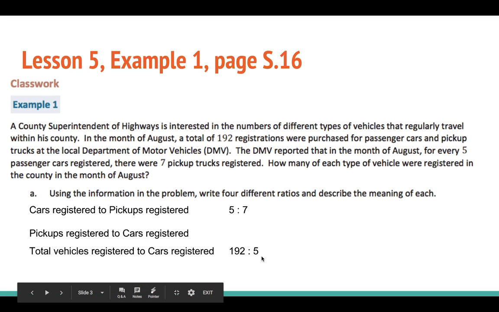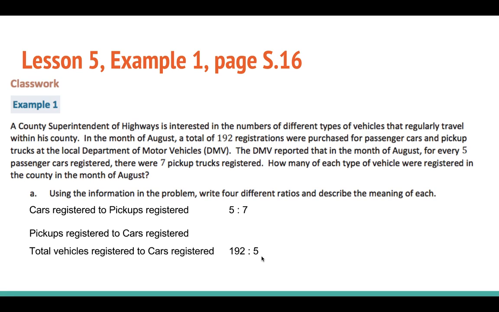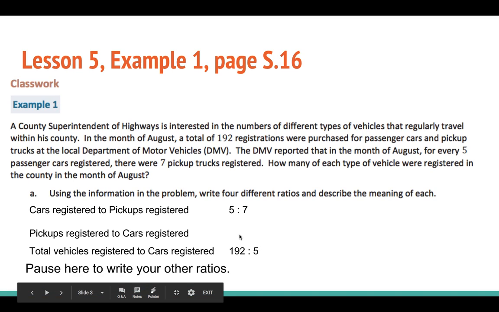So that's whole to part. What is another whole to part ratio that you see in this problem? Pause here to write your other ratios. Remember, you are completing this information, pickups registered to cars registered, and writing down the other whole to part ratio.